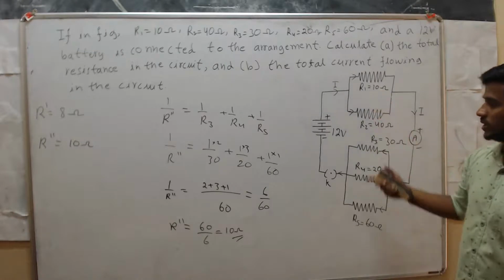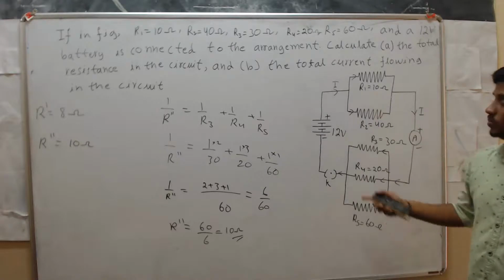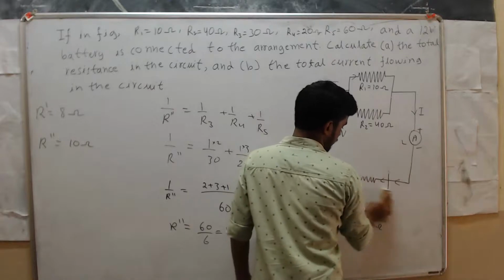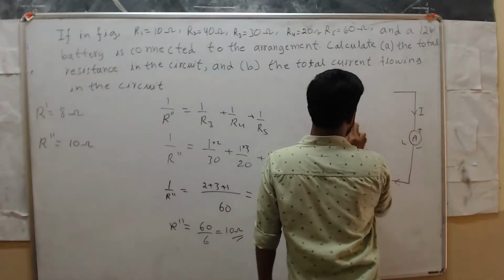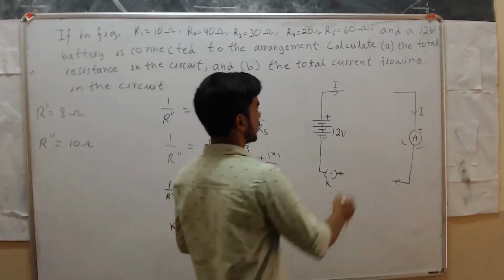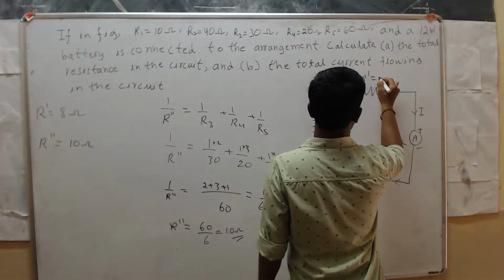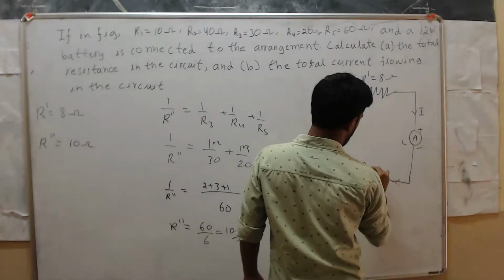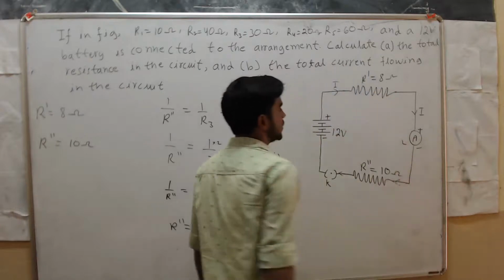So this combination is 8 ohm and this combination is 10 ohm. When you resolve this circuit, both are in series, right? So this is R dash, that is 8 ohm, and R double dash, that is 10 ohm. Now these two are in series.